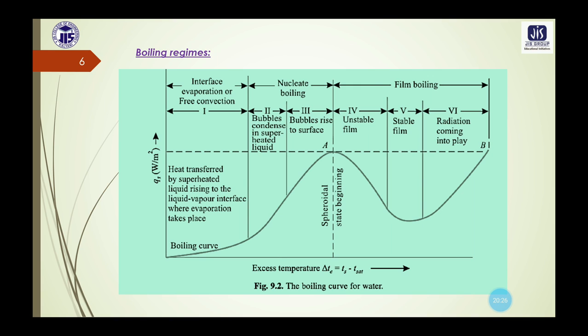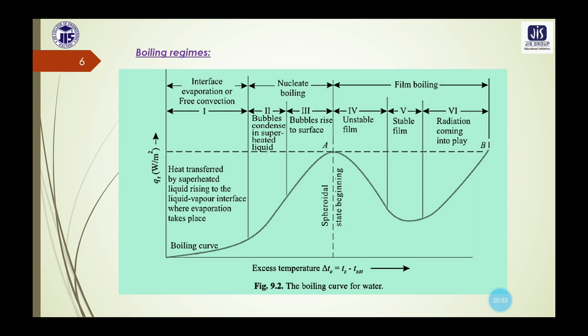In the first zone, that is the interface evaporation or free convection, we have seen that the excess temperature is very small, almost equal to 5 degrees centigrade. But nucleate boiling exists up to an excess temperature of 50 degrees centigrade. And this point A is known as the critical heat flux. It is the maximum heat flux.